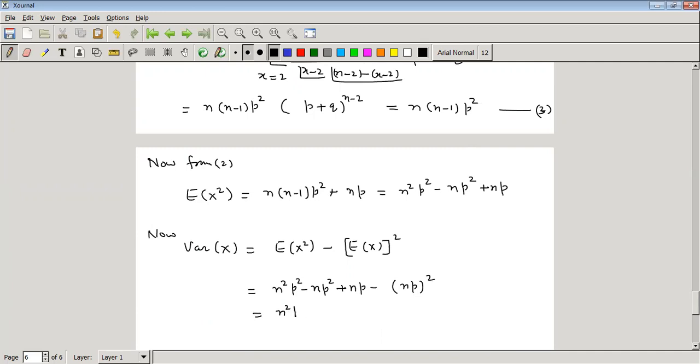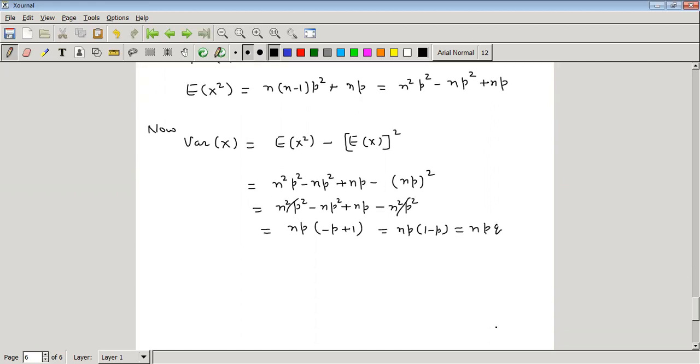So n square p square minus np square plus np minus n square p square. This term is cancelled out. So we can take np to be common. So it is minus p plus 1, that is 1 minus p, or we can write this as np into 1 minus p, and 1 minus p is q. So it is npq.